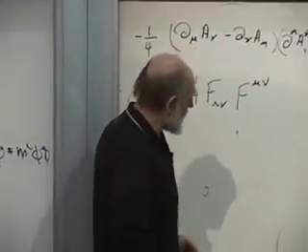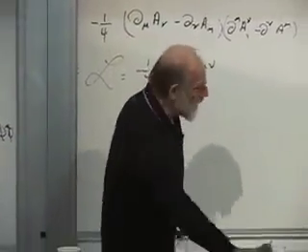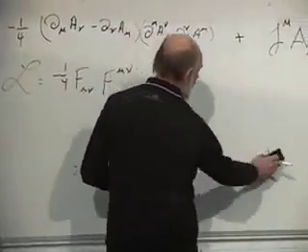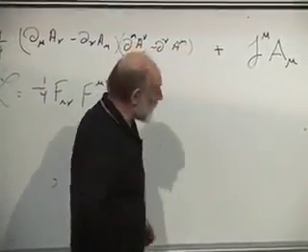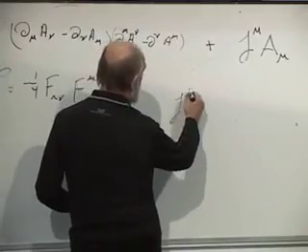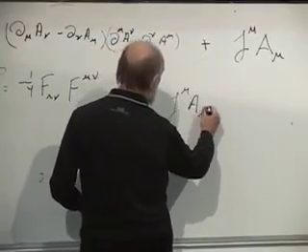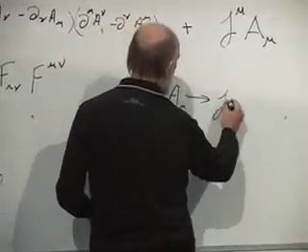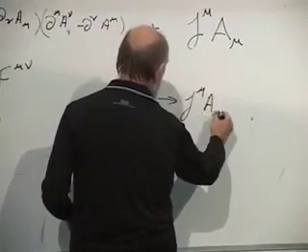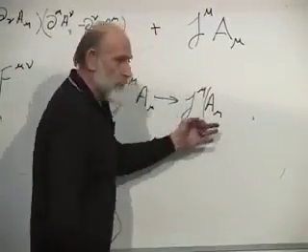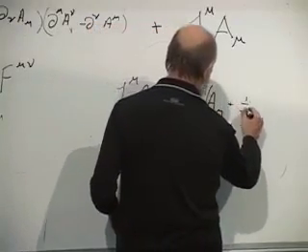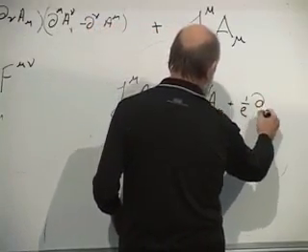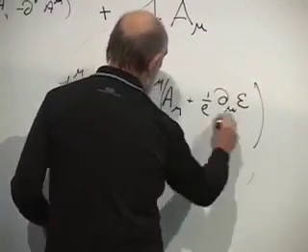What happens to J·A when you gauge transform A? J^μ A_μ will change to J^μ A_μ plus 1 over the electric charge times ∂_μ ε.